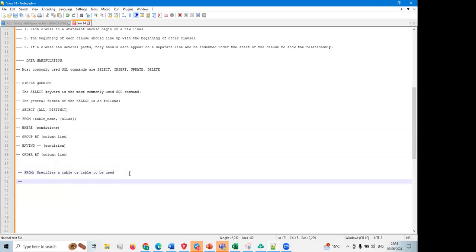Where? The where clause is a filter, which filters the rows subject to some condition.